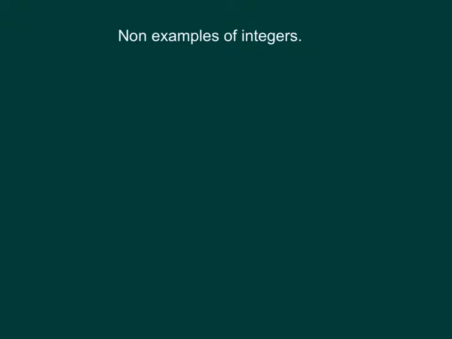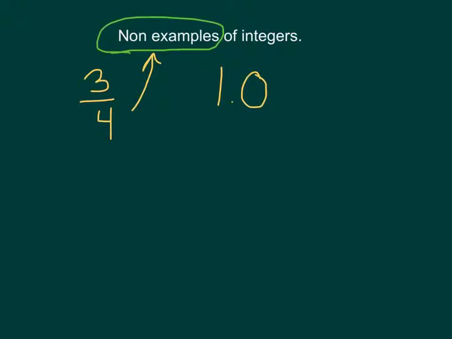Let's look at non-examples of integers. Sometimes I'm going to make sure that you understand what is not an integer. We have to go back to our definition: integers are whole numbers and their opposites, and they do include 0. So a whole number is an integer. If we have a fraction, that is not an integer. If we have a decimal, 1.01, that is a non-example of an integer.